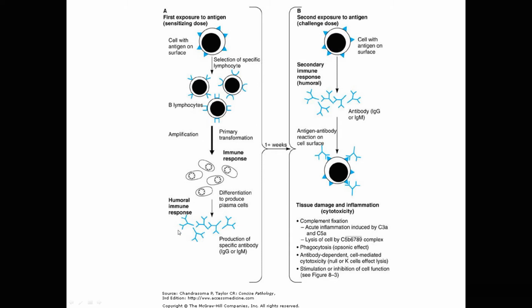This is the humoral immune response, and production of the specific antibodies, IgG or IgM. Now the organism is already sensitized. The next exposure will produce the hypersensitivity reaction, which is the important detail.